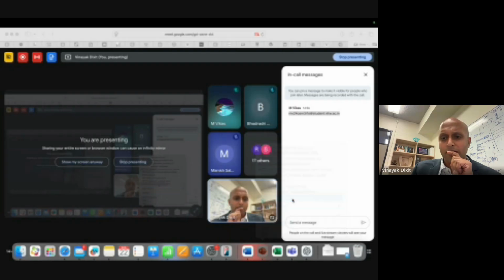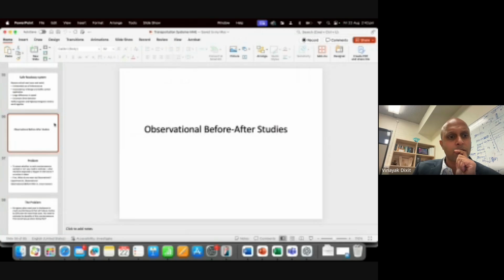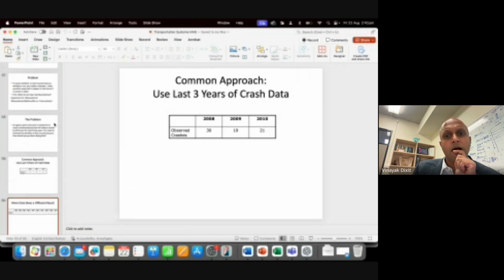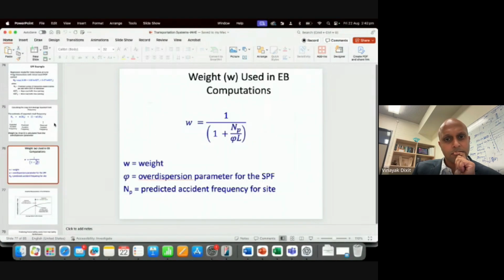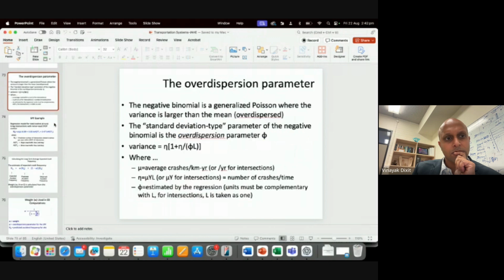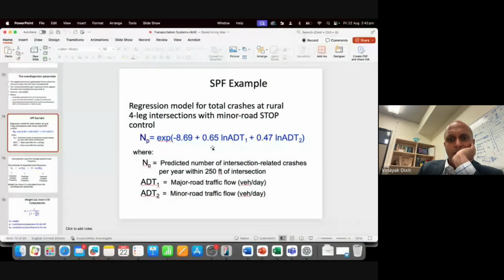So we'll do a quick recap of how we do the models. This is generally a function of safety performance functions.